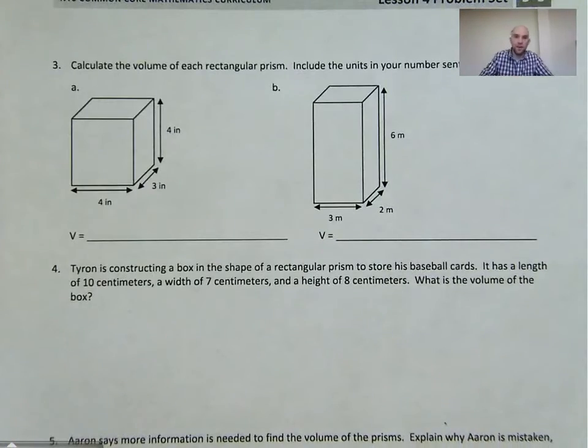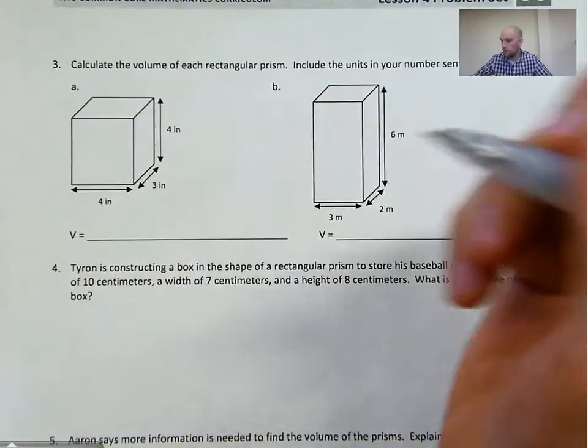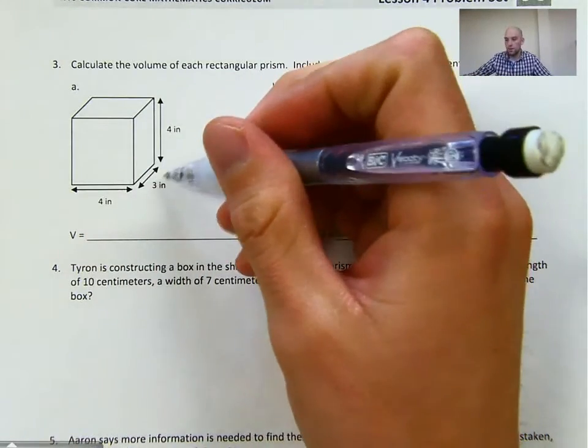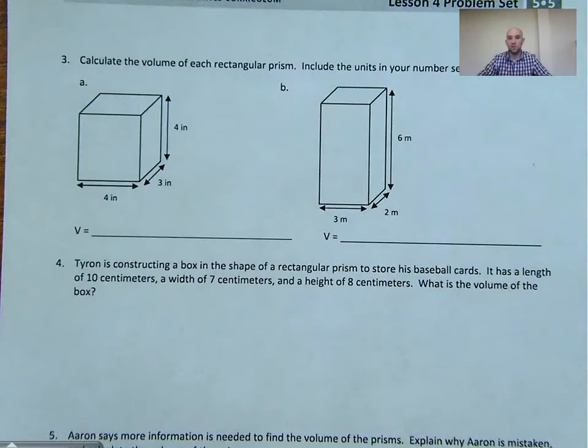It says calculate the volume of each rectangular prism. Include the units in your number sentences. So it looks like we have a length of 4 inches, a width of 3 inches, and a height of 4 inches. And to find volume, what do we need to do? We need to do length times width times height.